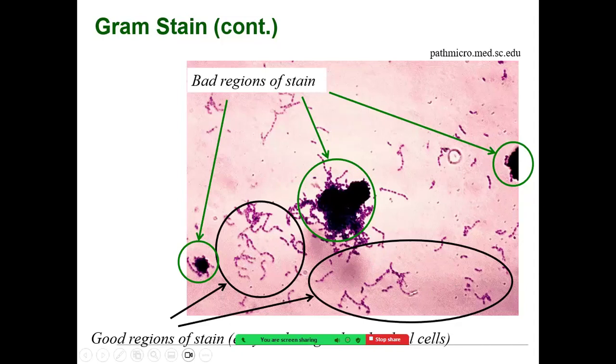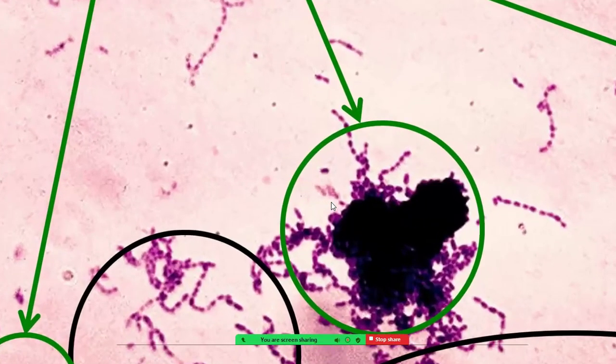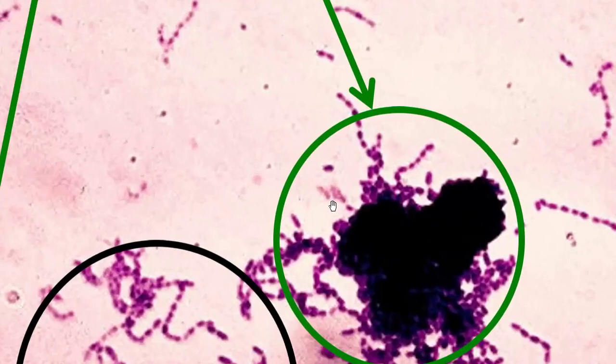And you avoid where there's big clumps. And that's not even a clump. Here, here, and there. This is actually a crystal of crystal violet. Does that make sense? What happens is the crystal violet can be in solution and then come out of solution, forming crystals in the bottle.